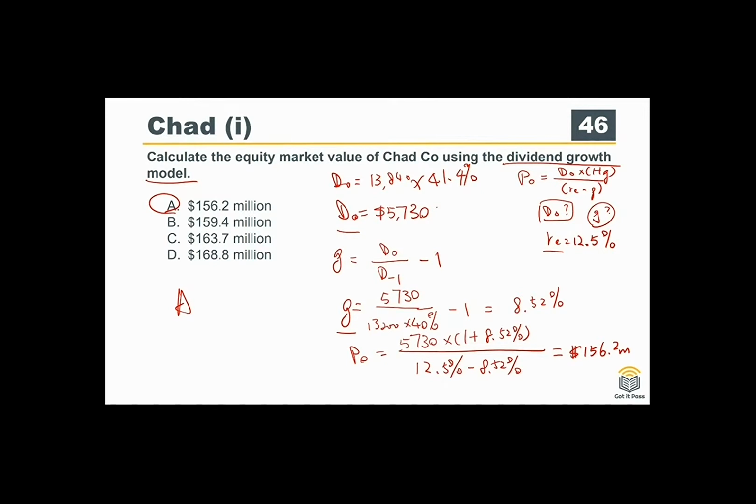Okay, let's repeat. On this question, based on the information provided, if you are asked to work on the equity market value using the dividend growth model, you can check your formula sheet by copying the formula here, and you find the unknown variables like D0 and growth.